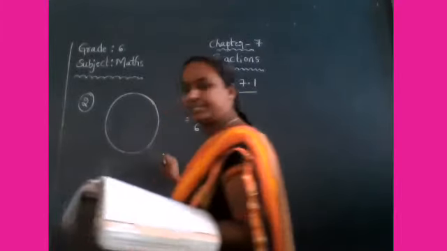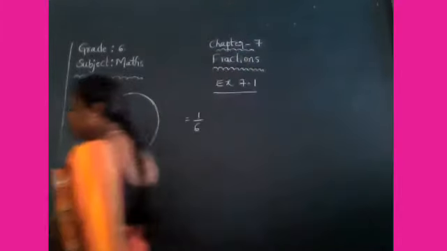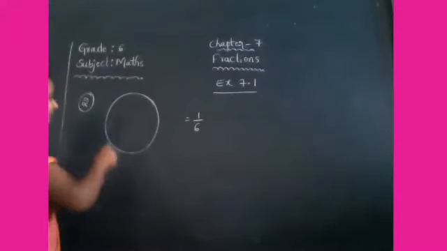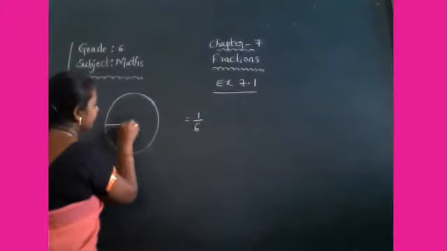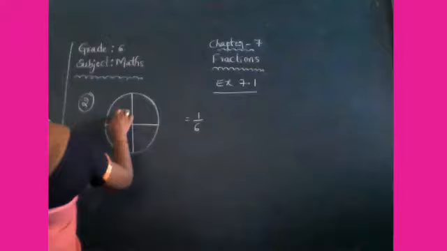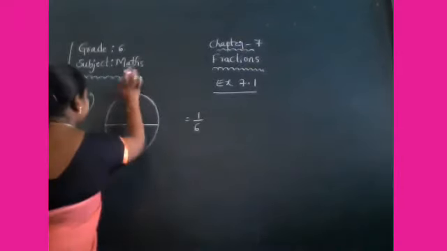The fraction is 1 by 6. That means the circle is divided into how many equal parts? 6 equal parts. So it is 1, 2, 3, 4 and so on.